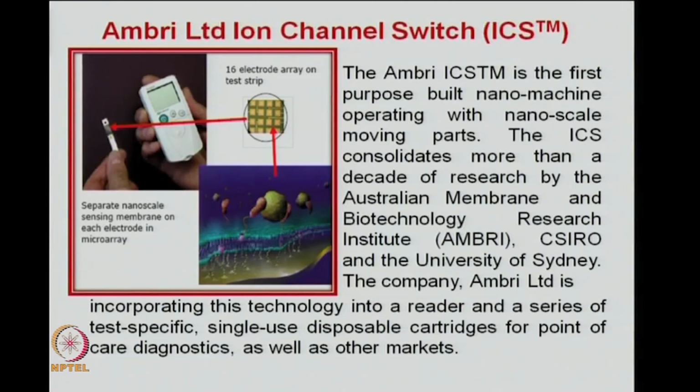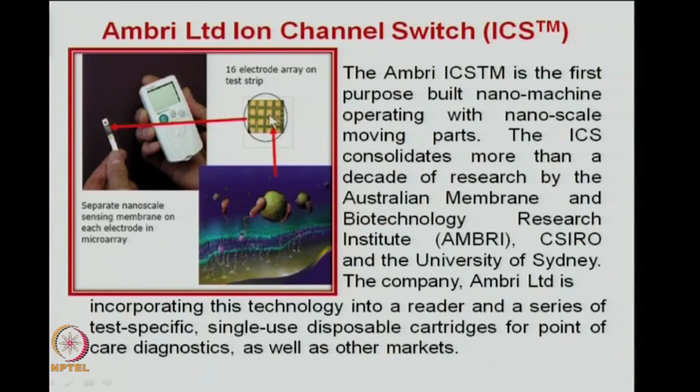This is another product which has been made by another company called the Ambry ICSTM, and here what it has is there are these cartridges which have these electrodes arrays on these strips, and these arrays act as biosensors, and so if you add a drop of blood or urine, it can identify certain markers which will tell you about an impending disease, like if there is an increase in the blood sugar level or an increase in some particular protein which is normally enhanced before a cardiac arrest.